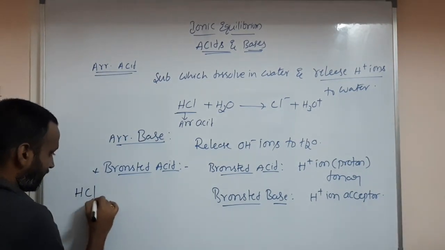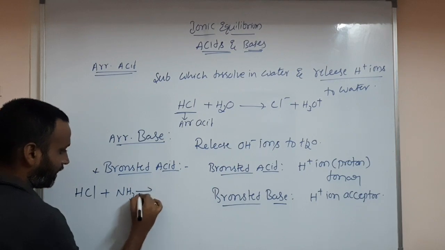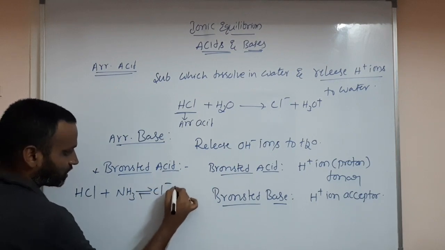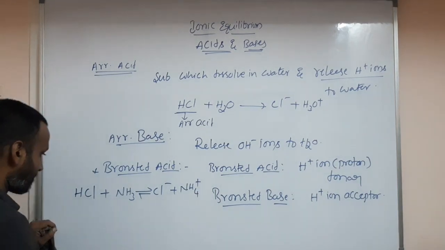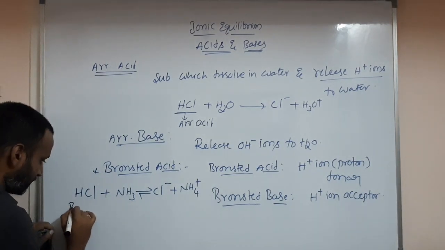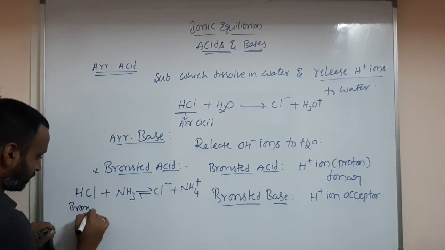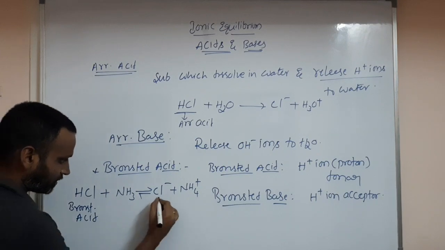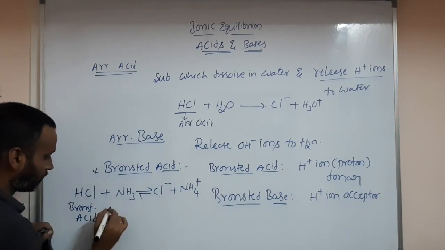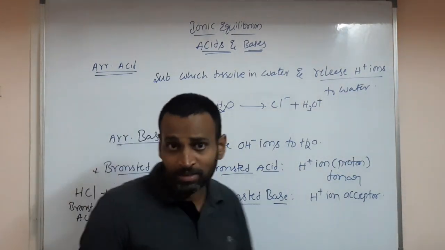So HCl when reacting with NH3, you will get Cl minus plus NH4 plus, like this. So here HCl is a Bronsted acid. Why is this called a Bronsted acid? Very simple.